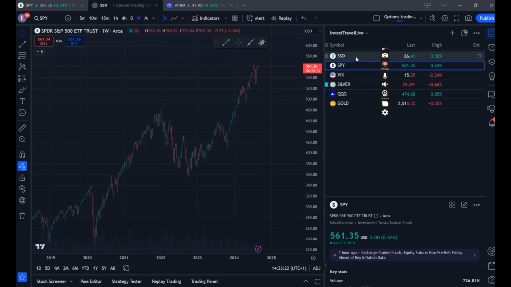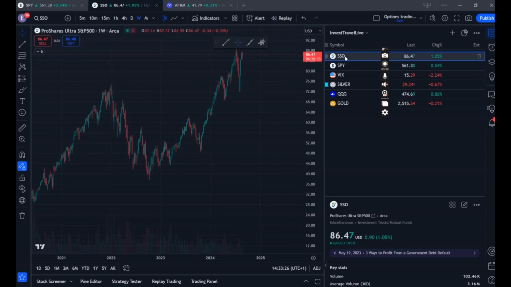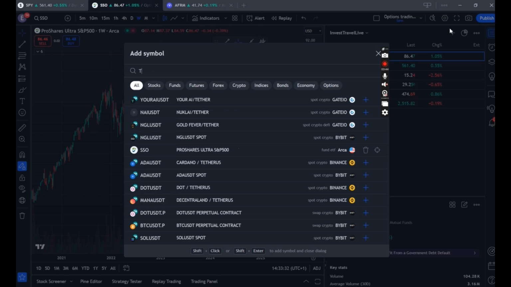Also, you could do that with SPY, which is the S&P 500 ETF. If you want to play it with a bit more risk, you could buy shorts on SSO, or TQQQ is another one.